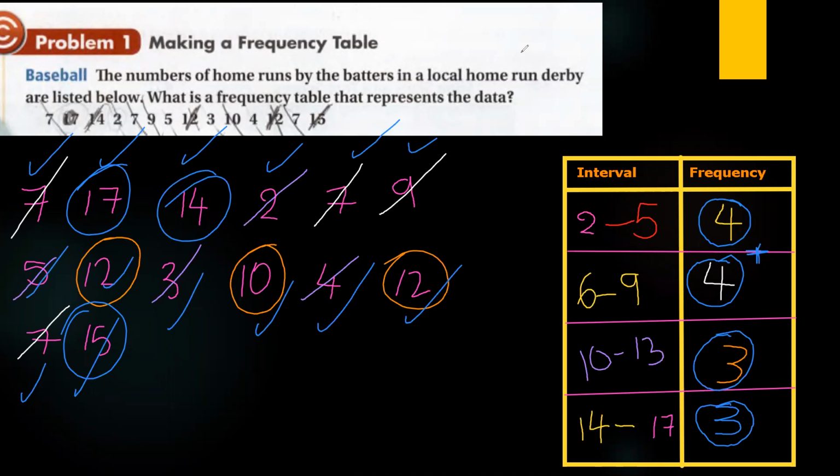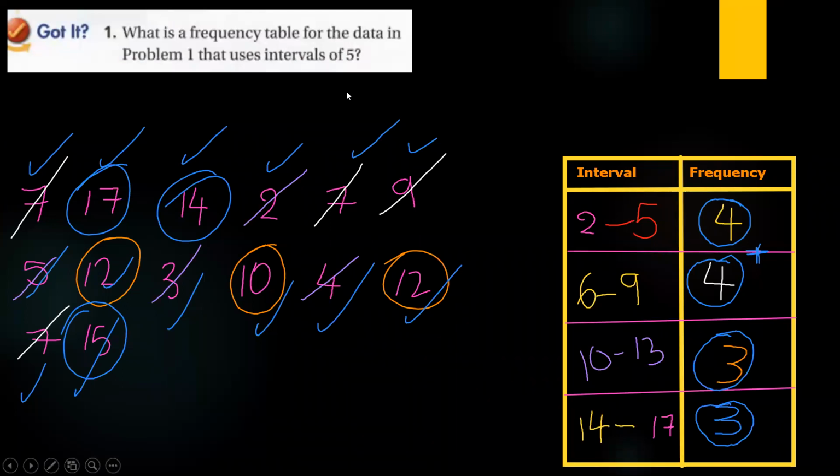Okay, let's now have another example. For this example, you have to make a frequency table for the same numbers, but use intervals of 5.